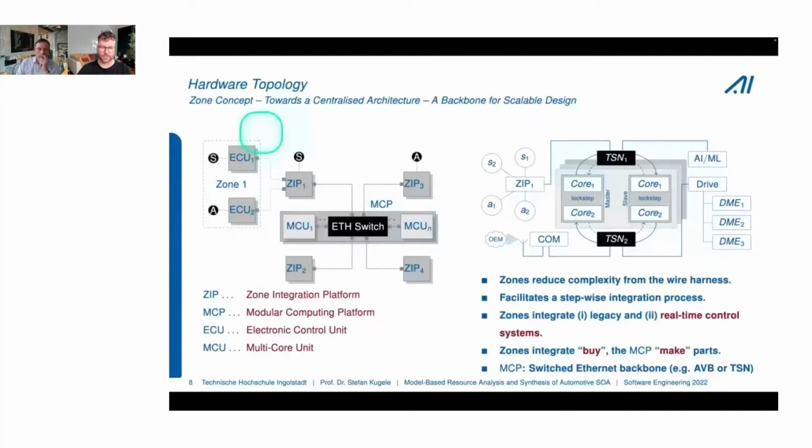This is how future architectures look, and also maybe a little bit today in current architectures. If we have a look at what Volkswagen is doing or what Tesla is doing, we are sometimes already seeing such kind of architecture. On the right-hand side, we have a more detailed view, where I also depicted that we have many cores, and depending on the level of safety which you want to satisfy, those cores can be in a master-slave configuration or maybe run in lockstep.